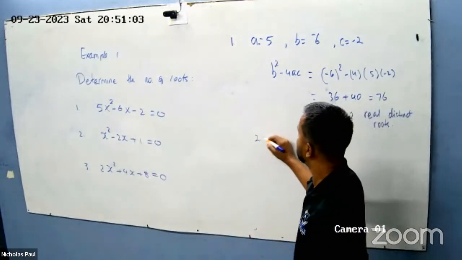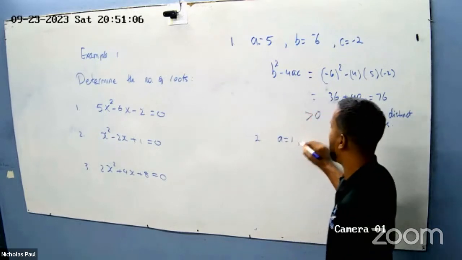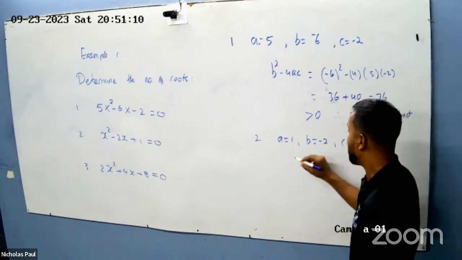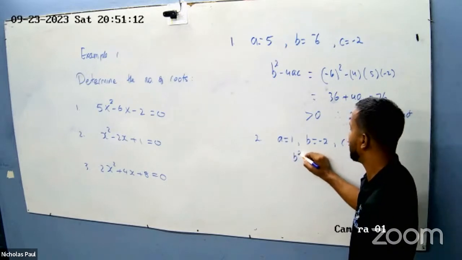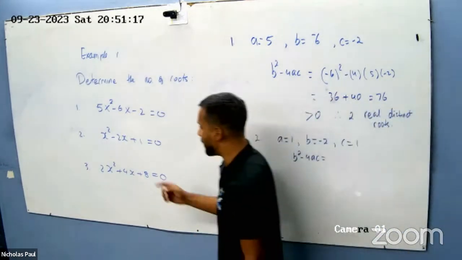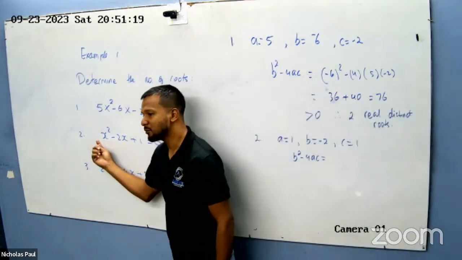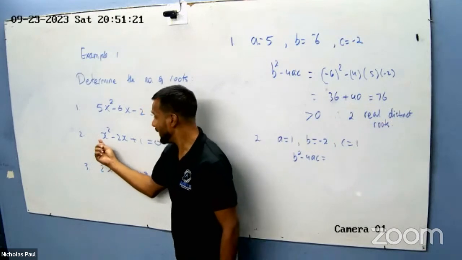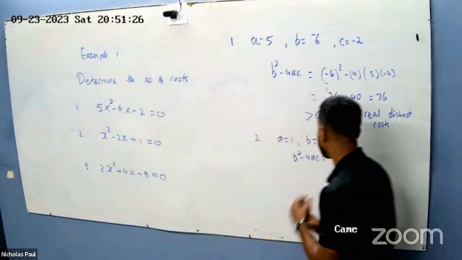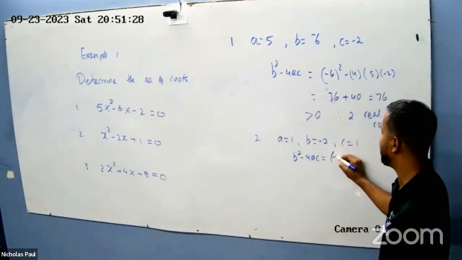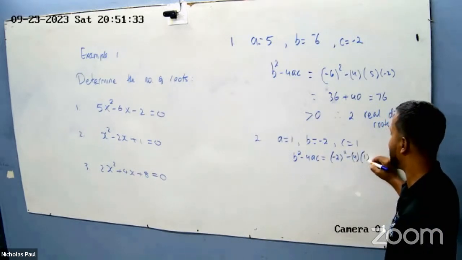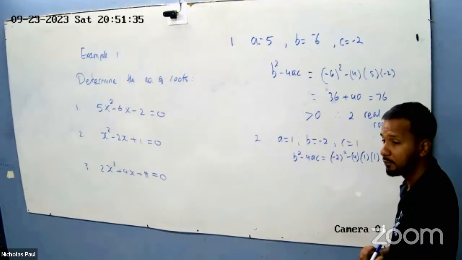So number 2, A is equal to 1, B is equal to minus 2, C is 1. So b squared minus 4ac. To those who get confused, remember, what's in front of x squared here? 1. So A is 1, B is minus 2, C is 1. That's minus 2 squared minus 4 times a times c.